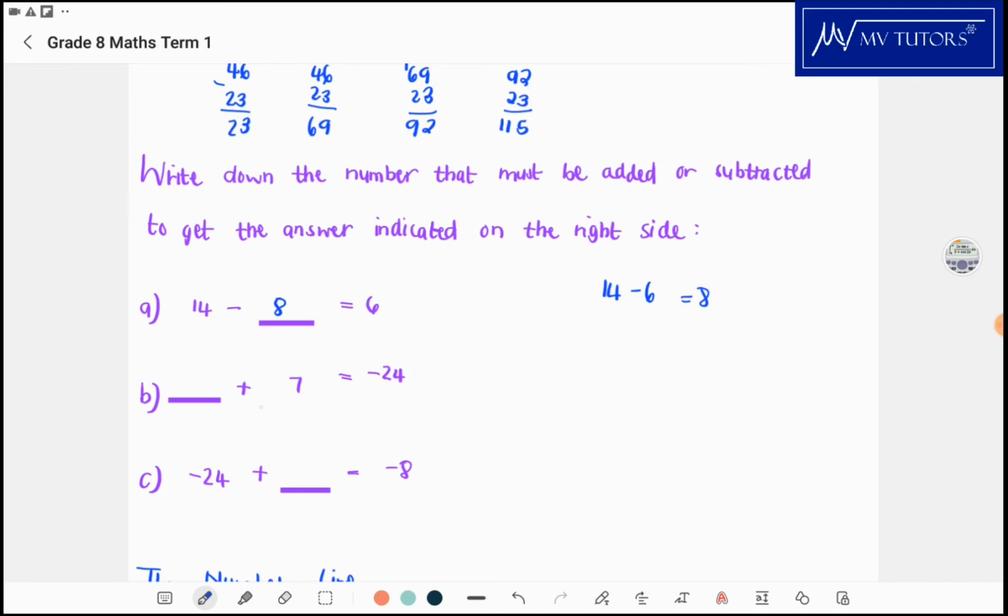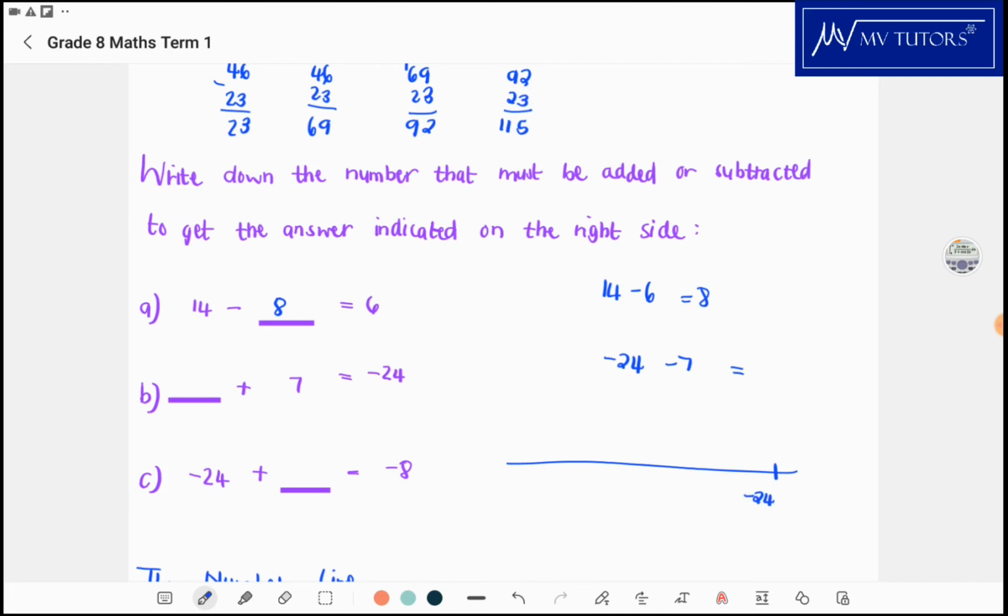Now it says, what do I need to add to 7 in order to get negative 24? Then I ask myself, what is negative 24 minus 7? Okay, negative 24 minus 7. So basically, if I had a number line, and remember when we subtract, we go to the left. When we add, we go to the right.